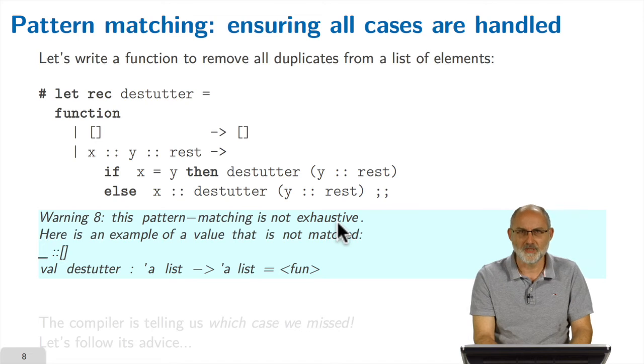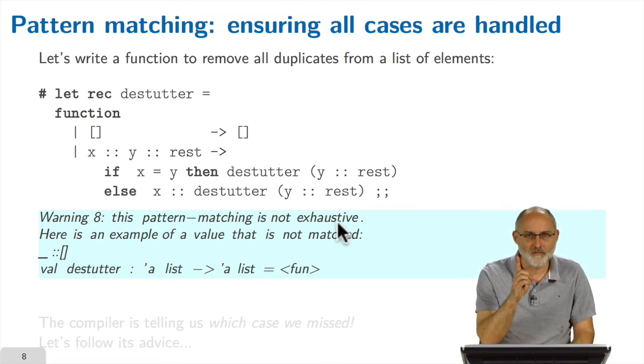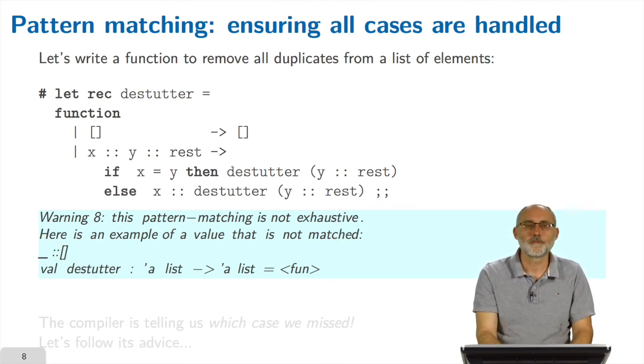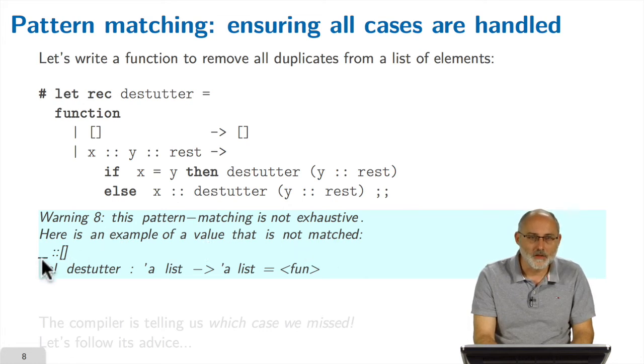What does it mean? It means that there is at least one case that I didn't cover. And the compiler tells us an example of the cases I'm not covering. Here is an example of a value that is not matched: a list that has something as a first element and nothing else after it. So this basically is a list with just one element.